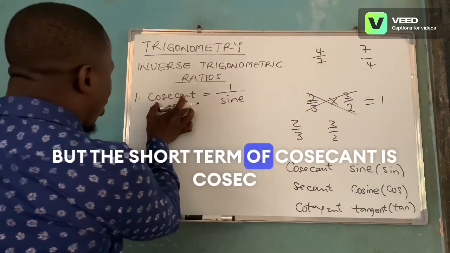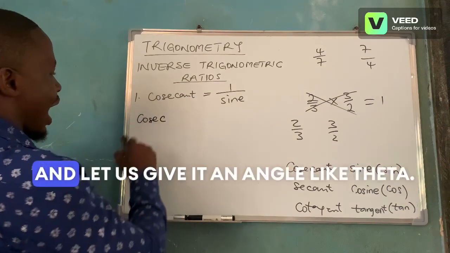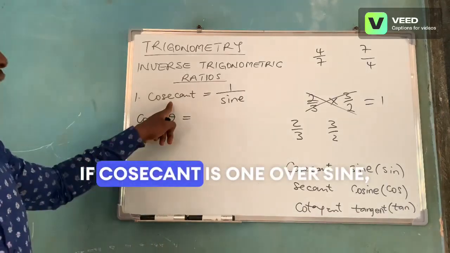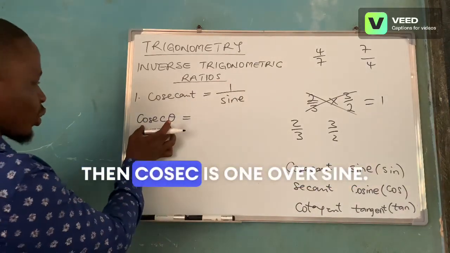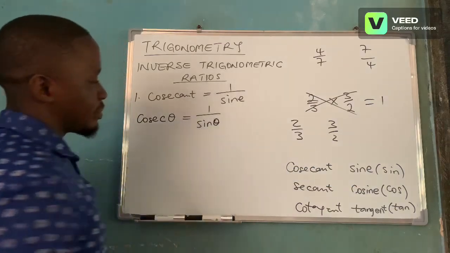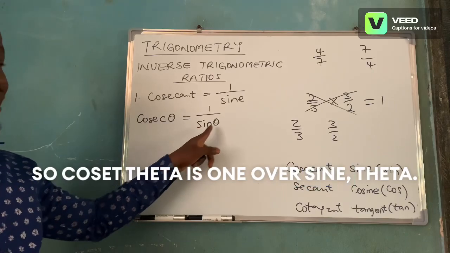But the short form of cosecant is cosec. And let us give it an angle like theta. If cosecant is 1 over sine, then cosec theta is 1 over sine theta.